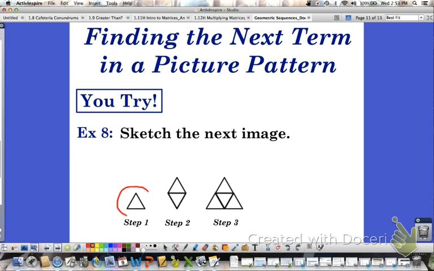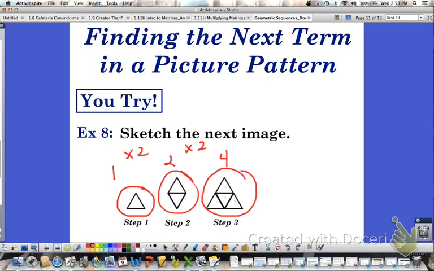I'm looking at step 1, I see 1 triangle. I look at step 2 and I see 2 triangles. I look at step 3 and I see 4 triangles. It appears that the image is growing by doubling, times 2. So that means the next picture should have 8 triangles, right?